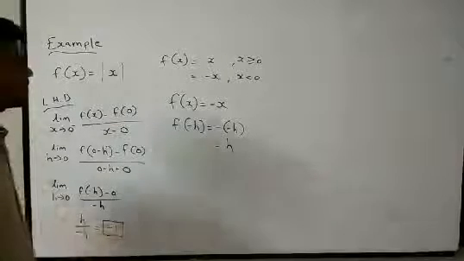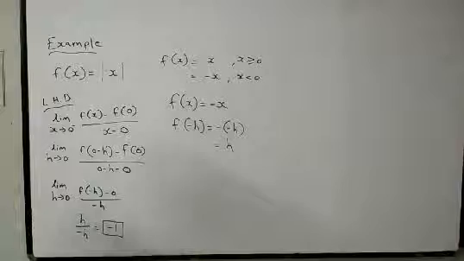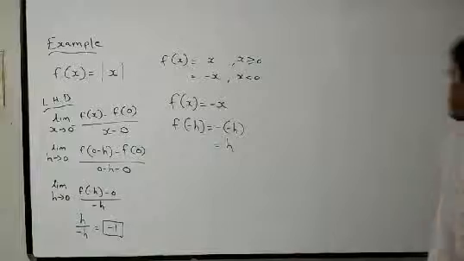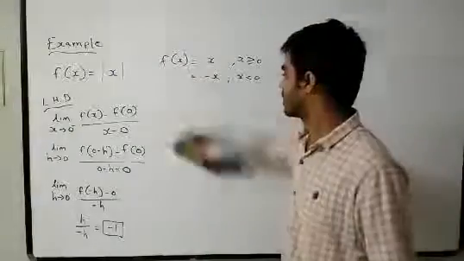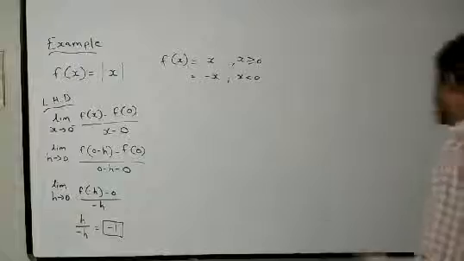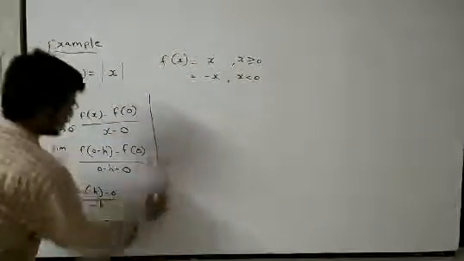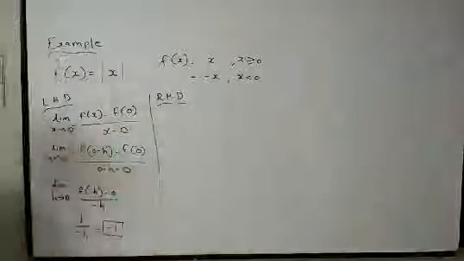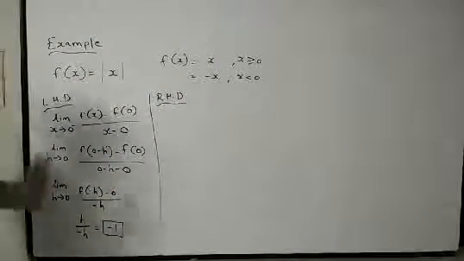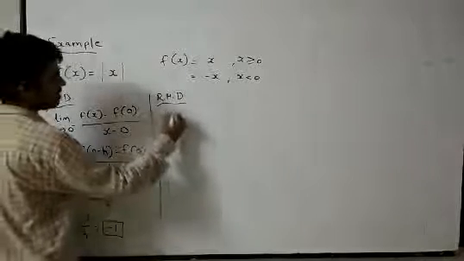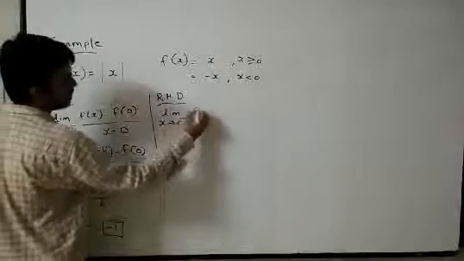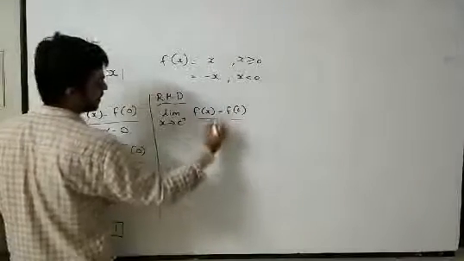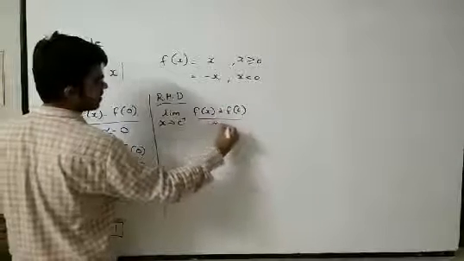Clear? Now we will take the right hand limit. So for the right hand derivative, only the change is limit x tends to c positive, f of x minus f of c divided by x minus c.